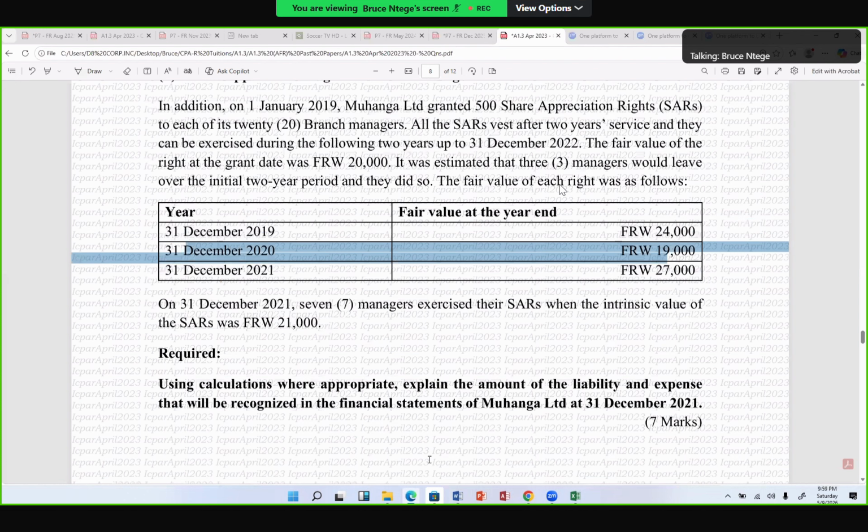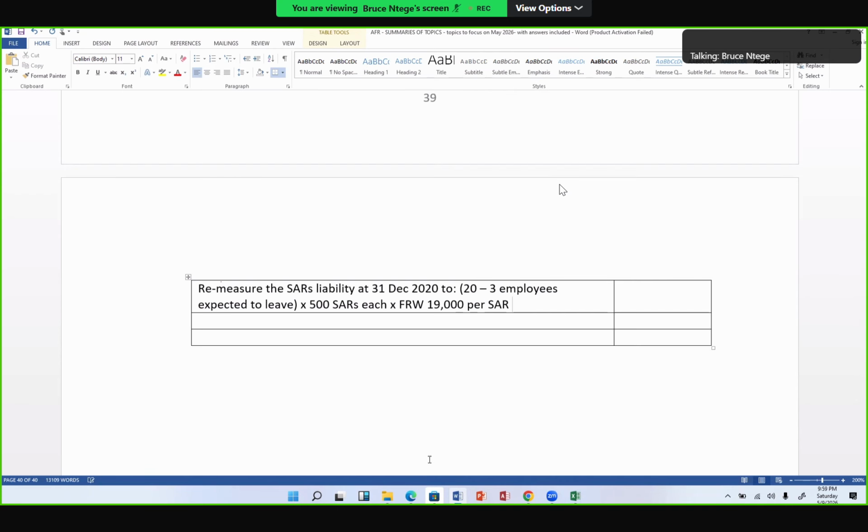Now all the 2 years are done, so we shall set times 2 out of 2 years. On my calculator, I'll have the 17 employees times 500 share appreciation rights each times 19,000 times 2 out of 2. So I have 161.5 million francs.